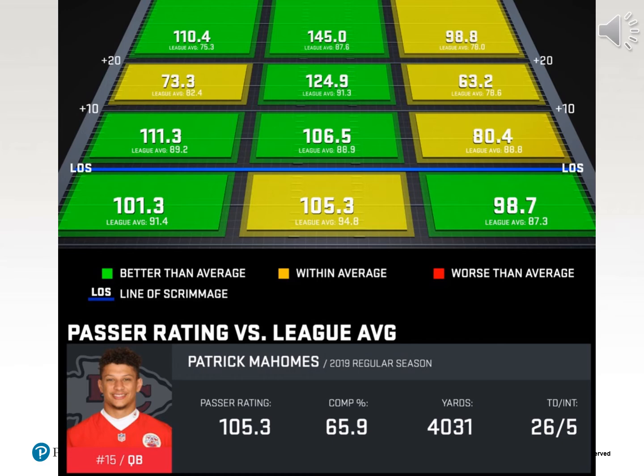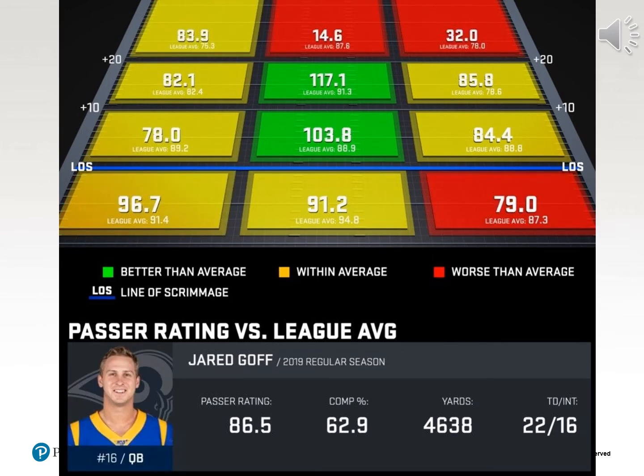Now let's do some comparison. Let's compare Patrick Mahomes' passer rating with another quarterback. Here you can see Jared Goff's passer rating compared with the other quarterbacks in the league. You can tell as compared to Patrick Mahomes that Jared Goff would be much easier to defend.